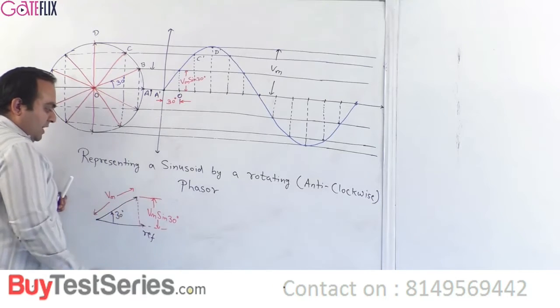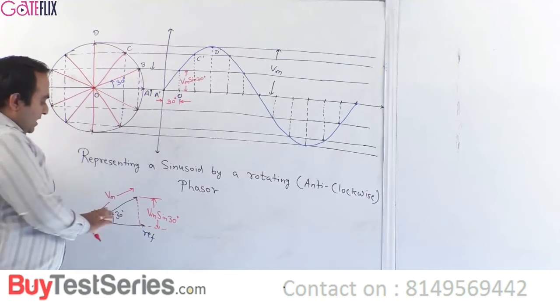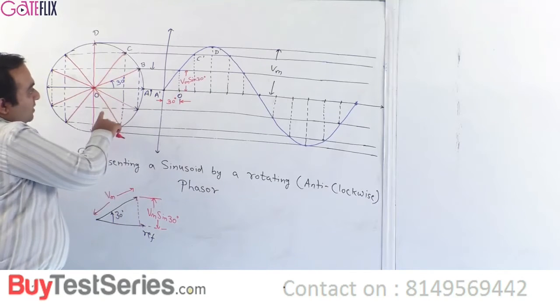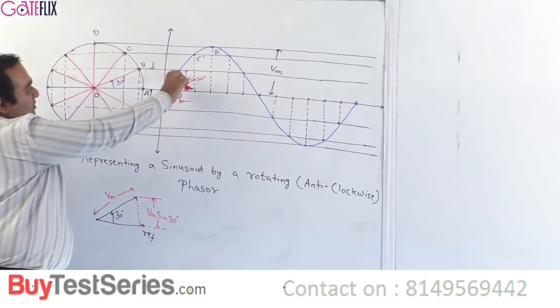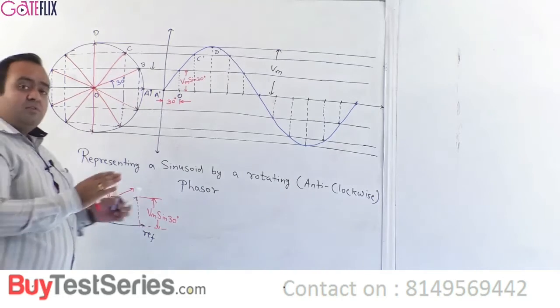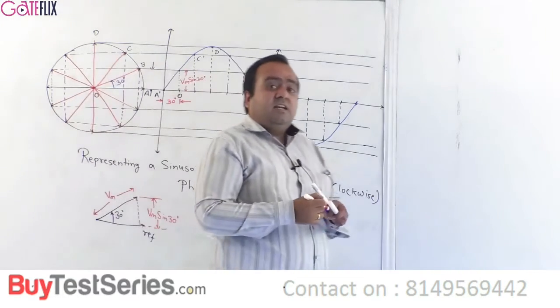So it is the vertical height, Vm sine 30 degrees. This Vm has a vertical projection. Similarly here, this is Vm, so this has to be Vm sine 30 degrees. So the vertical projection of a phasor gives its instantaneous value.